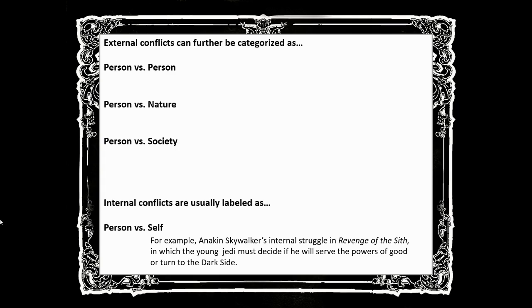So the conflict, even though there are other conflicts in that movie, I think the main conflict is the conflict of what side will Anakin choose? What path will he go on, right? And that is a conflict that happens within Anakin.